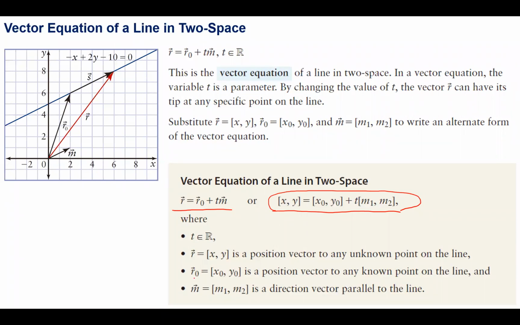And vector r naught, whose position vector is x naught, y naught, is a position vector to any known point on the line. And m, whose position vector is m1, m2, is a direction vector parallel to the line. Okay, again, I'll give you some time to have a look at this concept here. Make sure you understand the concept of vector equation of a given line, okay?